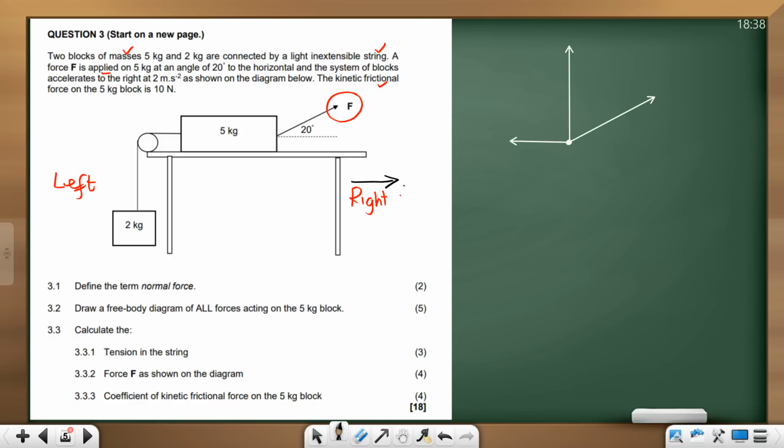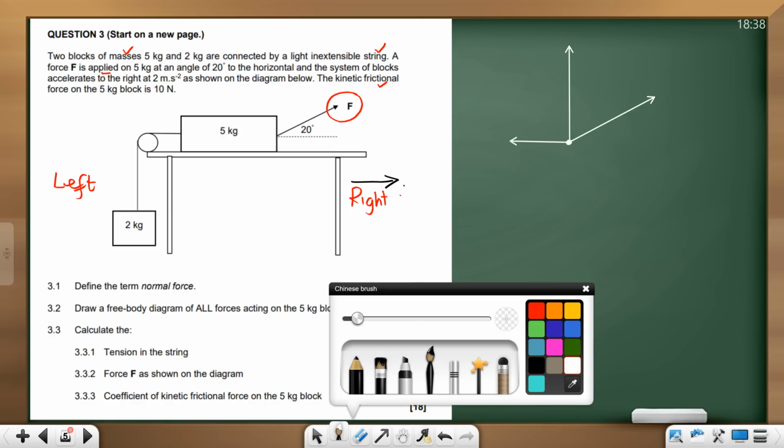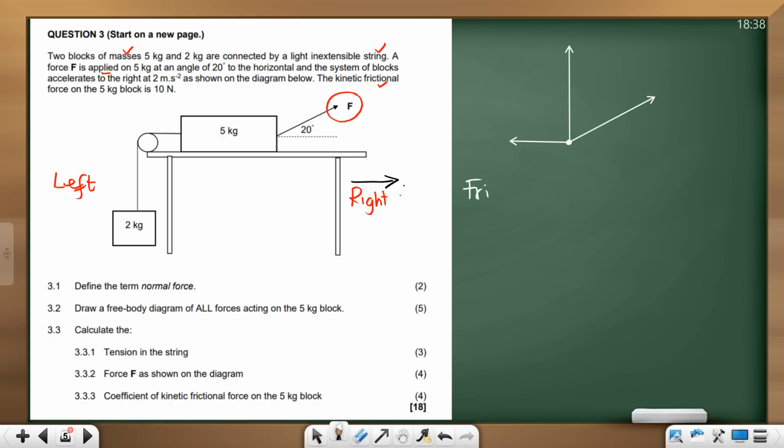So where is friction? To the right hand side, sir. But you just told me now that... No, left. Lindo, you're making my day. Lovely.